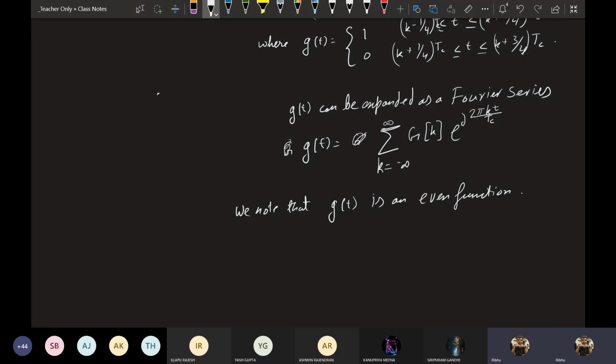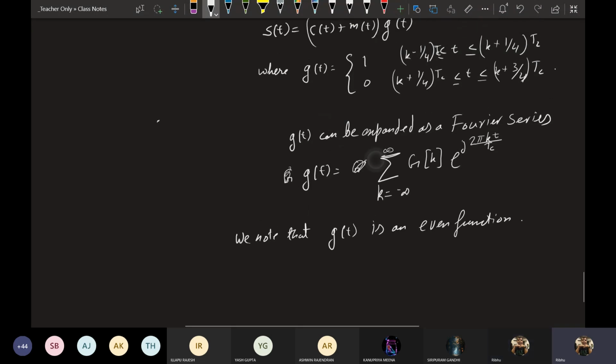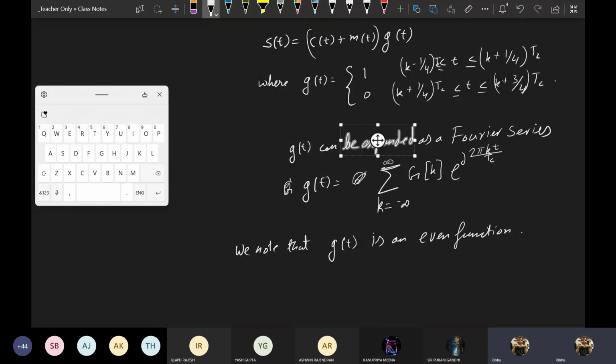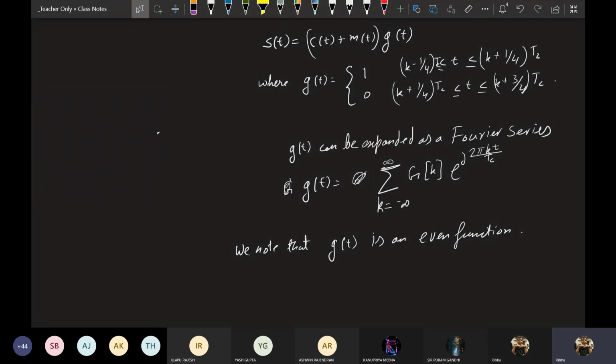I don't know, sir. Okay, so now you can see the form of g(t). Yes, sir. So when do you call a function even? f of minus t equals f of t. Yeah, can you quickly try this out?